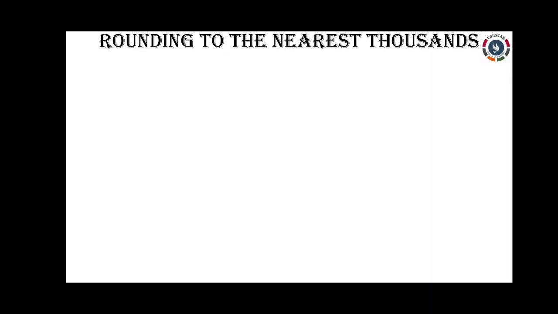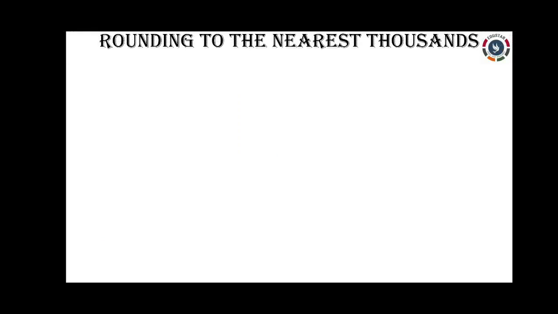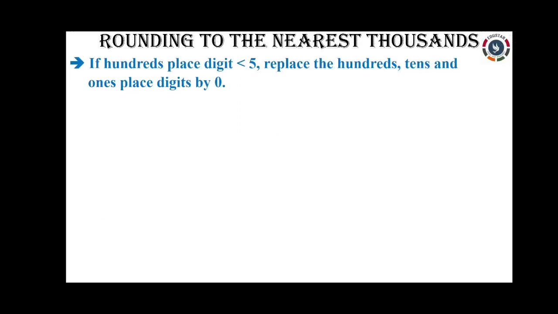Next, rounding to the nearest thousands. For rounding to the nearest thousands, we have to see the hundreds place digit. If the hundreds place digit is less than 5, then we have to replace hundreds, tens and ones place digits by 0.